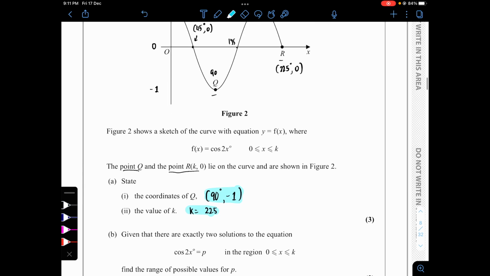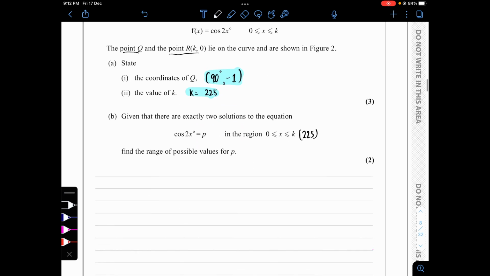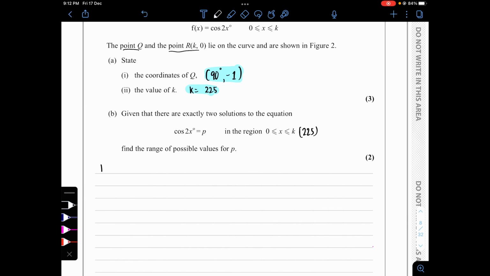So part B, given that there are exactly two solutions to cos 2x equals p in the region 0 less than or equal to x less than or equal to k, which we know is 225 degrees, find the range of possible p values. Now, what does it really mean? They're asking for cos 2x equals p where there are only two solutions.